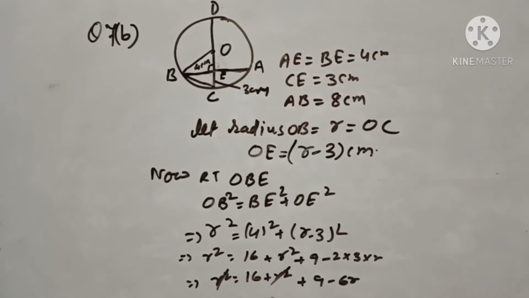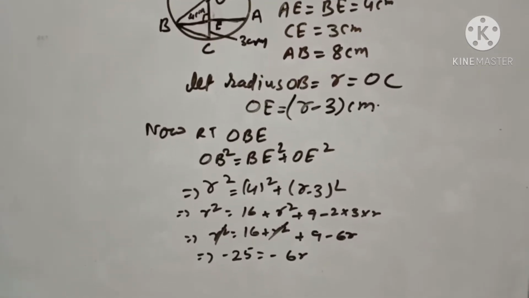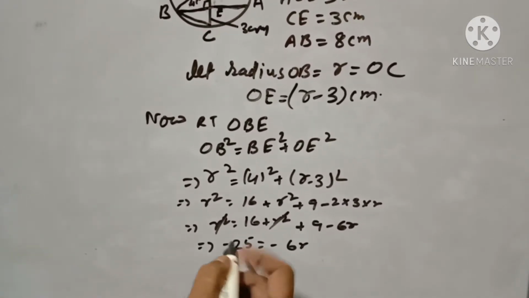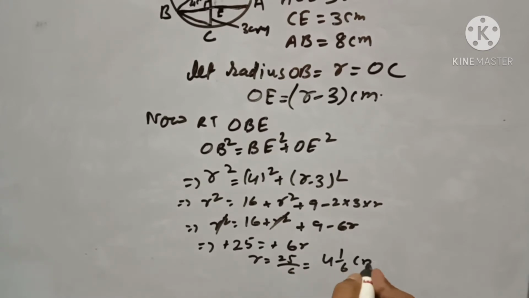Therefore 16 plus 9 equal to 25. Taking this side, minus 25 equal to minus 6R. So the minus is removed, and R equal to 25 by 6 equal to 4 whole 1 by 6 centimeter. This is our radius. Write down the answer please.